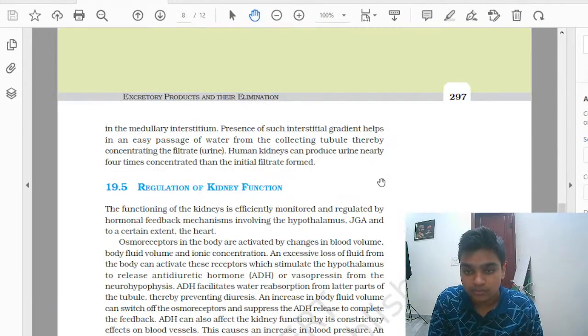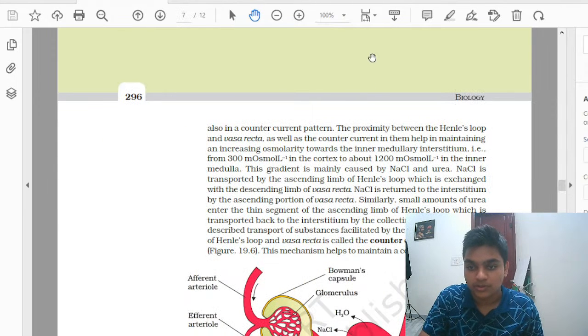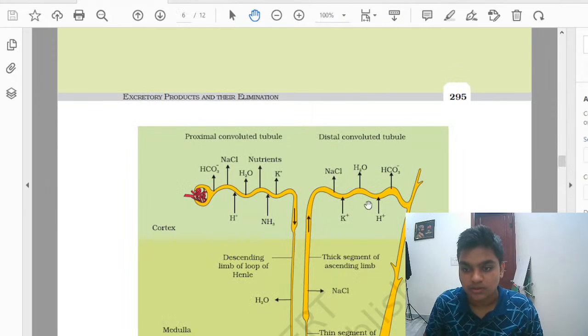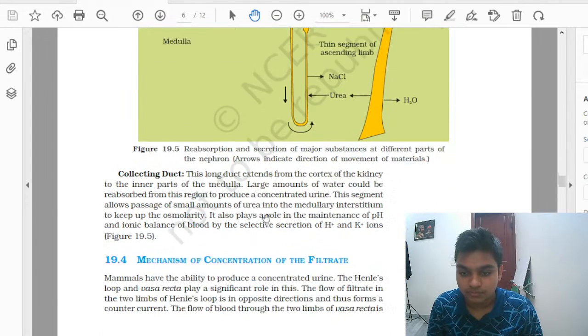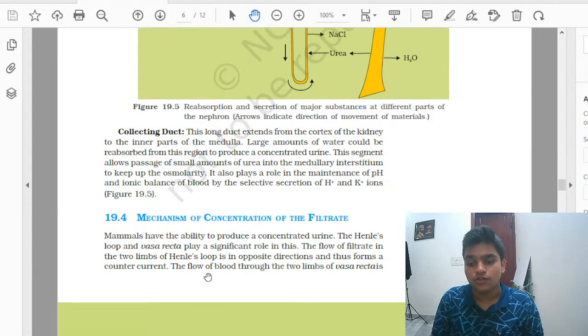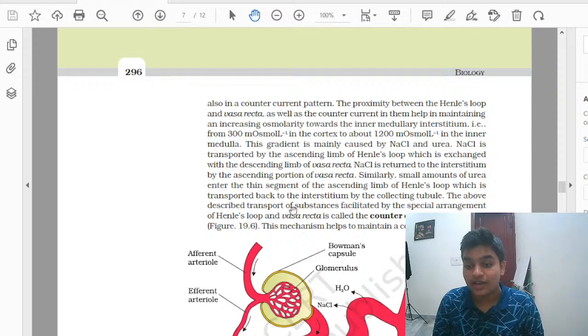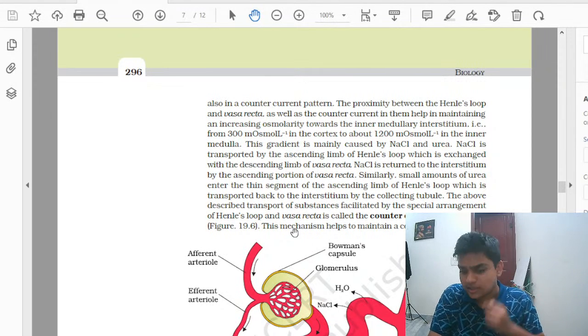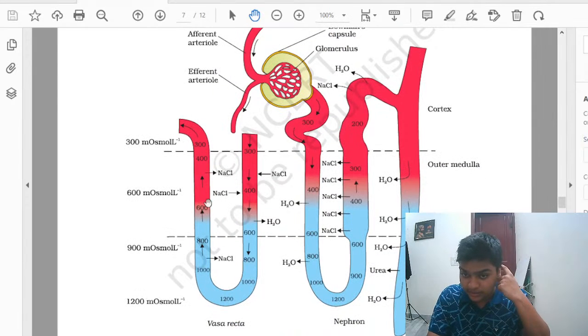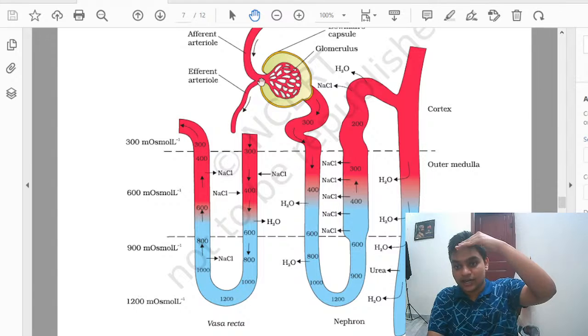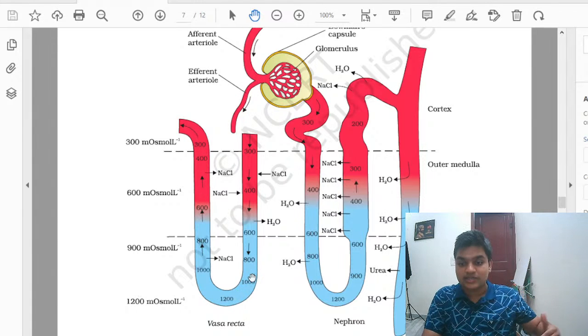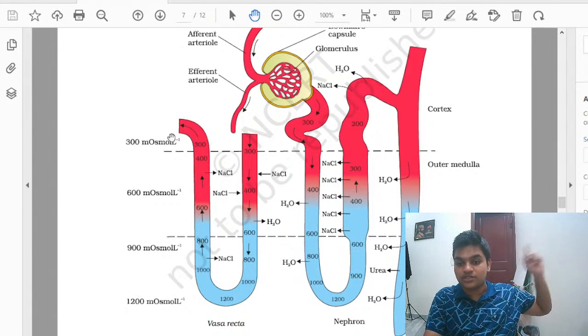And also, the flow of blood through the two limbs of vasa recta is also in a counter current pattern. If this is your vasa recta, the blood comes from the peritubular network, flows down like this, and goes to renal venules and renal veins.